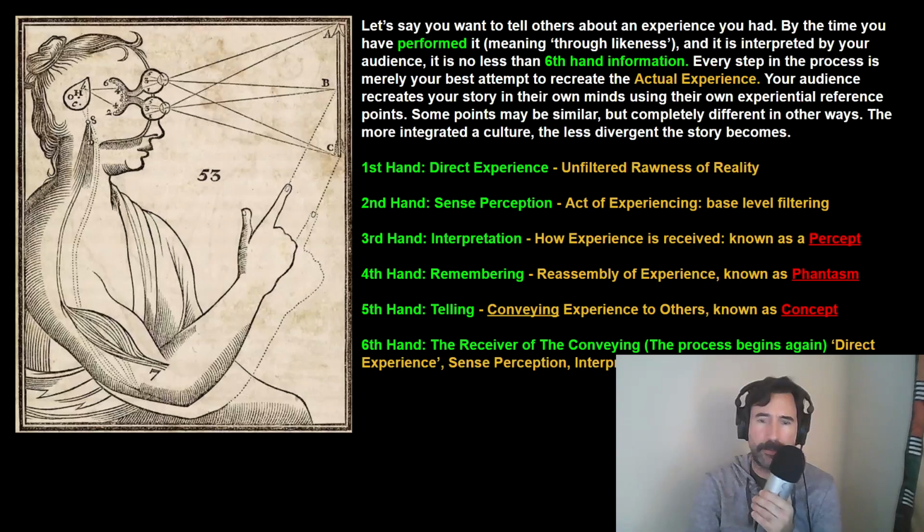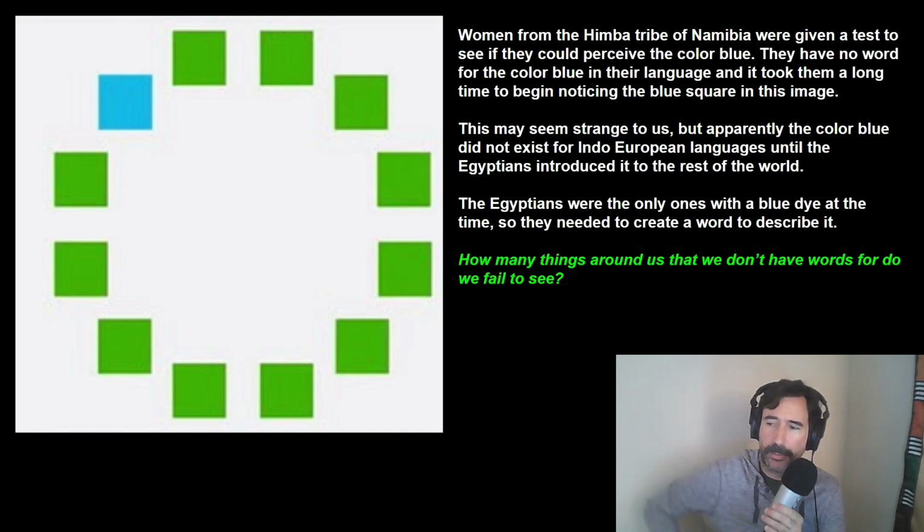Now let's talk a little bit about words and how the reverse can be true, how putting a label or a word, having a word for something, can change how you perceive something or what you perceive at all, right? So women from the Himba tribe of Namibia were given a test to see if they could perceive the color blue, right?